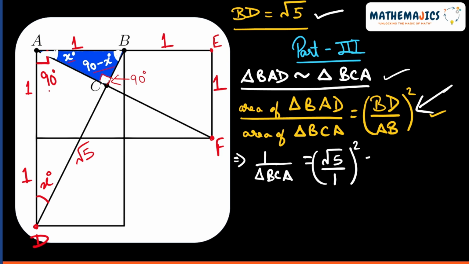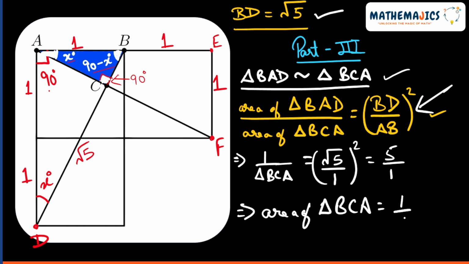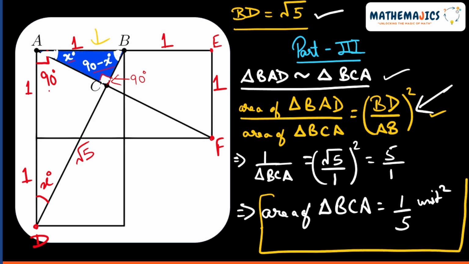So this gives us 5 upon 1, which means the area of triangle BCA will be 1 upon 5 unit square. The blue region is nothing but triangle ABC, so this is the area of the blue region and our final answer.